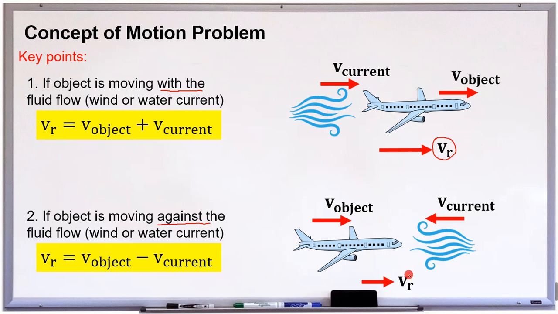That is why the resulting velocity for this case Vr is equal to the difference of the airplane's speed and the wind's speed.